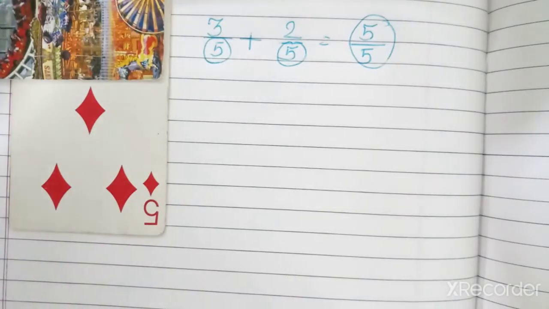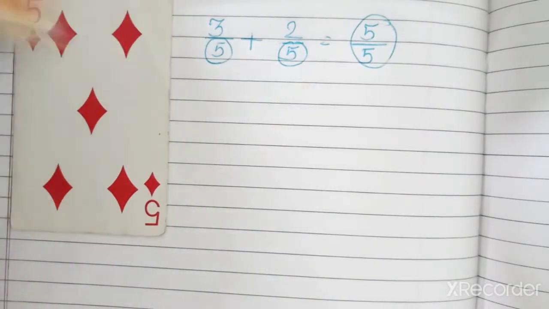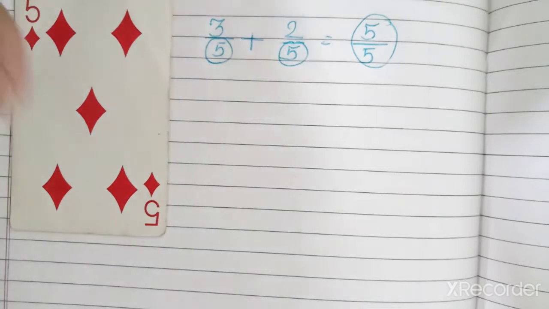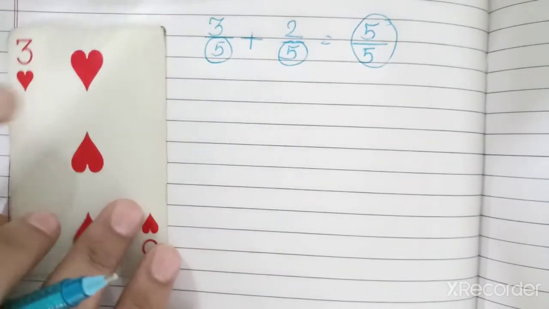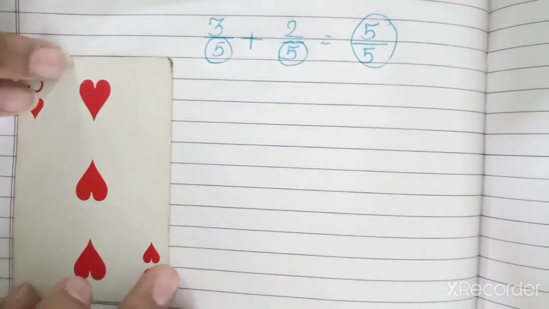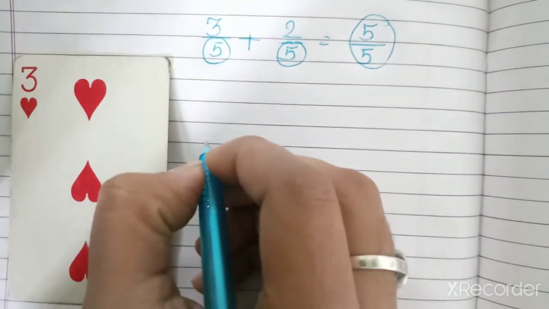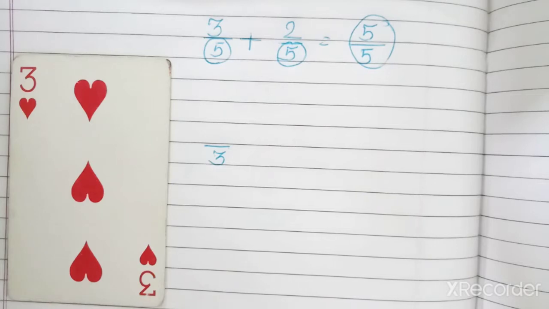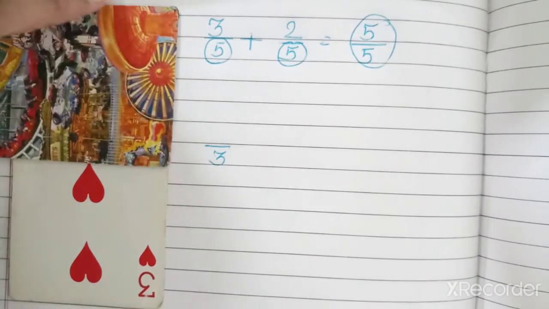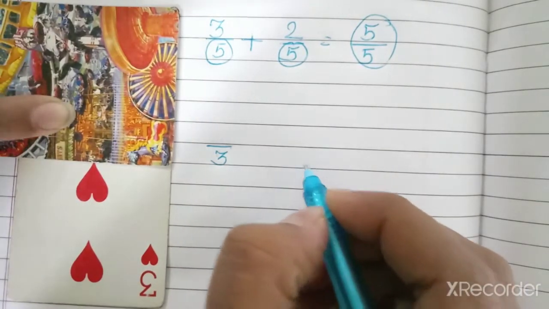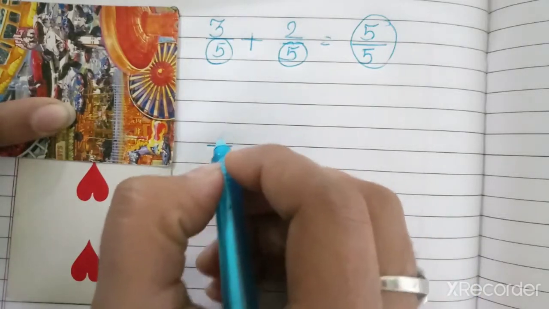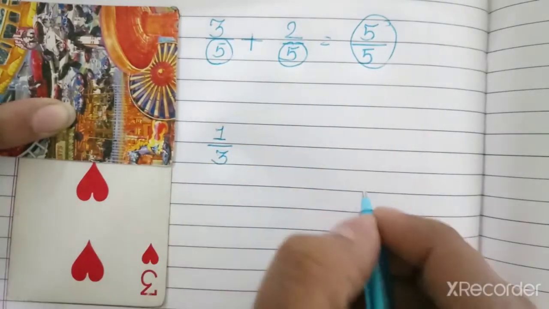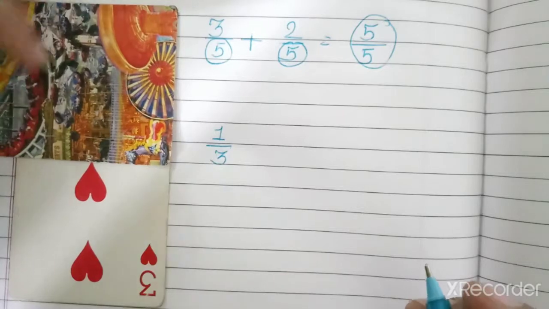Let's take the next example. If I take the card of 3, I will write 3 here. I will hide this part. One heart is hidden, so I will write 1 by 3.